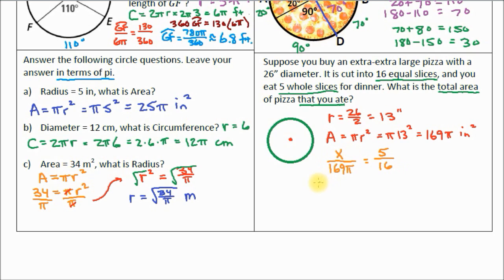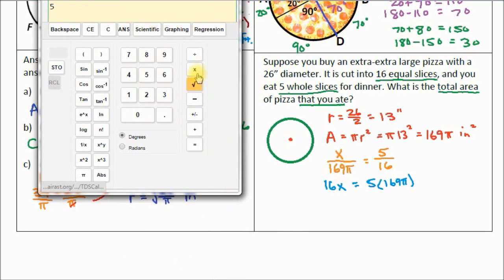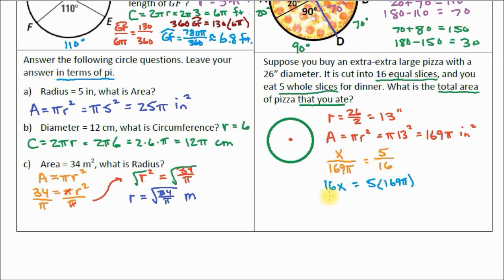Let's go ahead and cross multiply. We've got 16 times our area that we've eaten is equal to 5 times 169 pi. Let's do 5 times 169. That's equal to 845.